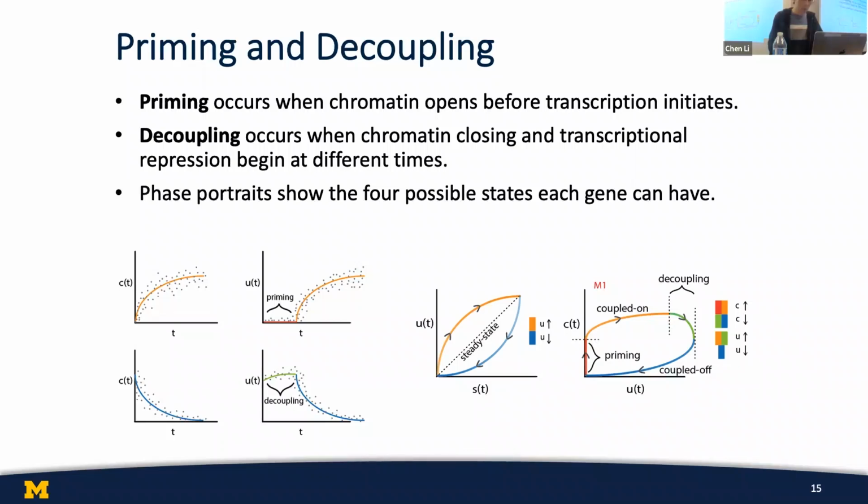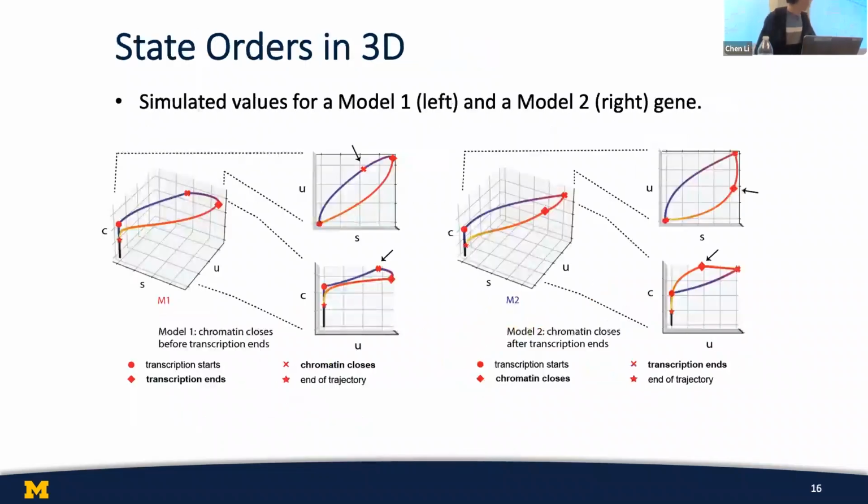When adding in the chromatin, we essentially expand the process into 4 states: the priming, the coupled on, decoupling, and the coupled off states. This is also only for model 1. For model 2, the decoupling order will be reversed for chromatin and the RNA. Also on the right, this time I'm showing the chromatin versus unspliced, but then U versus S. It's more difficult to see in 2D actually, because this time the actual data is 3D.